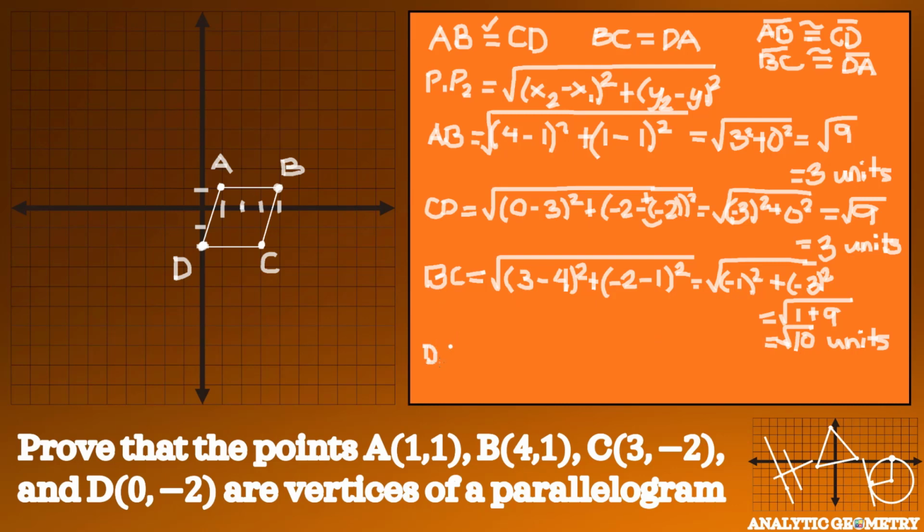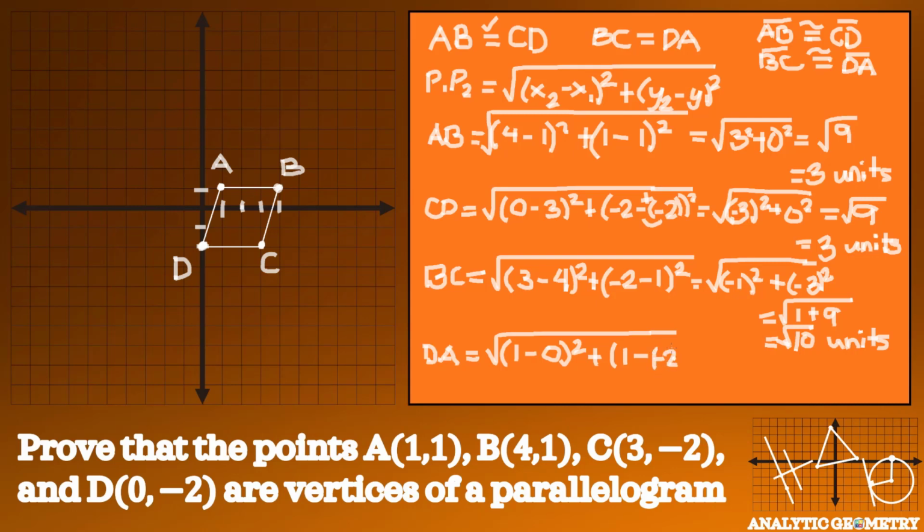By the way, if you interchange point 1 and point 2, let's say instead of using C as your point 2, you use B, as long as you make sure that the partner X and Y coordinates follow this formula, you will have the same result. So we're almost done. For DA, let's pick A as our second point. D is our first point. So 1 minus 0 for x sub 2 minus x sub 1, plus your y sub 2 for A, which is also 1, minus your y sub 1 for D, which is negative 2.